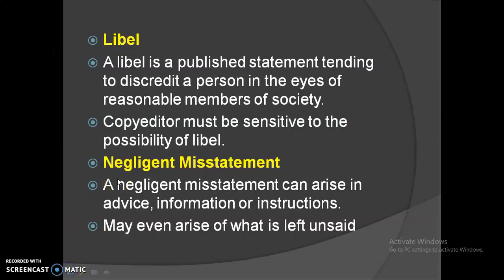A negligent misstatement can arise in advice, information, or an instruction which it is reasonable to assume the reader will or may act upon, that is inaccurate, either because it is factually incorrect or because a crucial fact has been omitted.